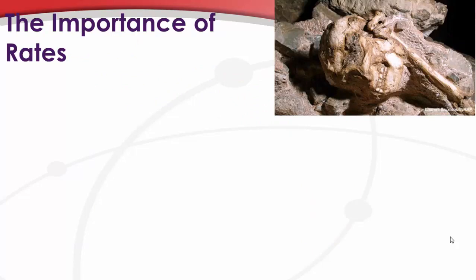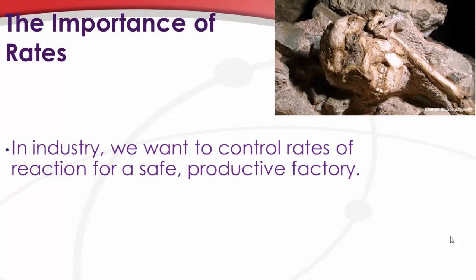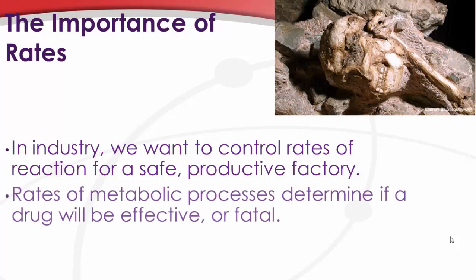Rates are extremely important to various aspects of chemistry and biology. In industry, we need to be able to control the rates of reaction if we want to have a safe factory, but also if we want to get product out to our customers. Metabolic processes in biology determine, for example, if a drug will be effective or if it'll be fatal.